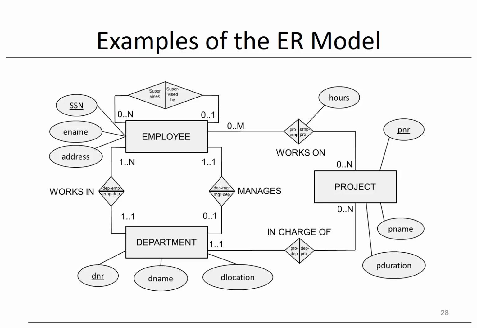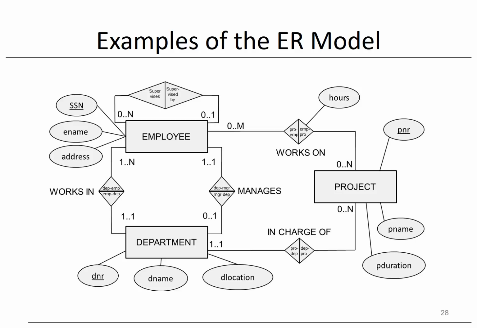A department has minimum 1 and maximum n employees working in it. A department is managed by exactly 1 employee. An employee can manage 0 to 1 departments. A department is in charge of 0 to n projects. A project is assigned to exactly 1 department.